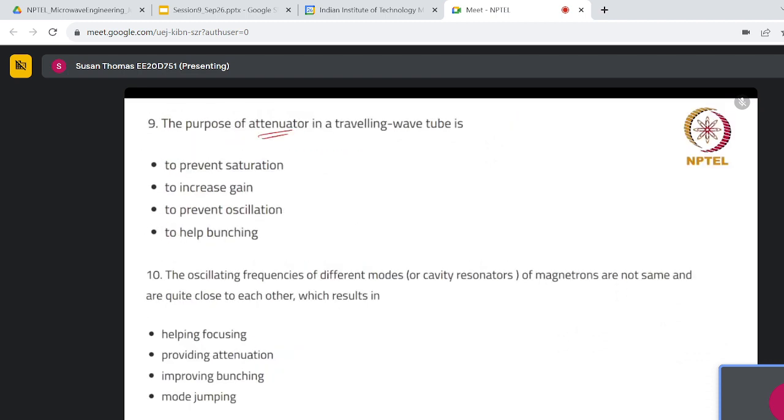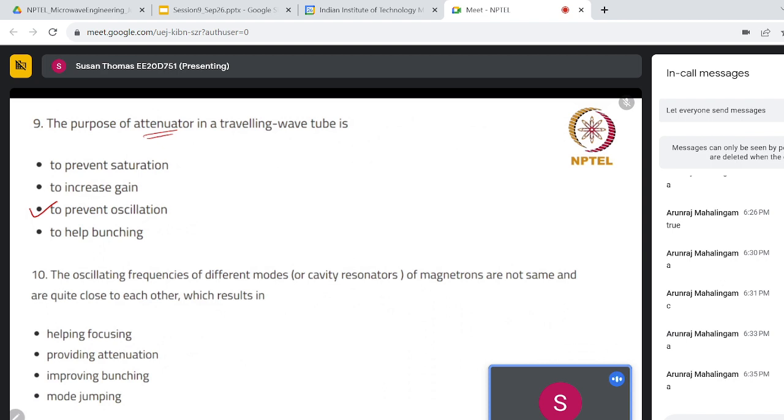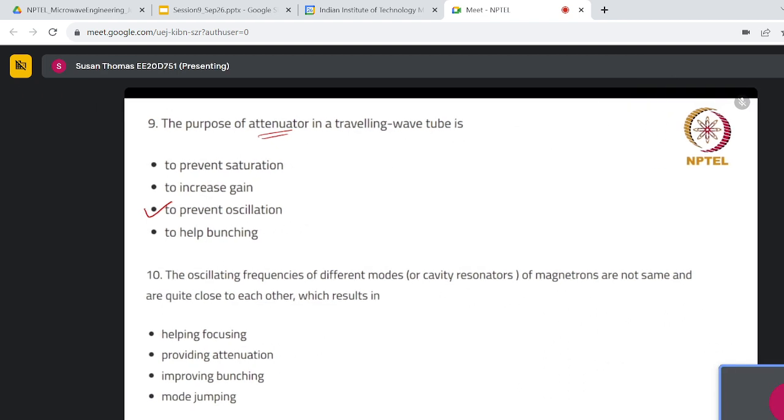Any guesses why that? So it is to prevent the oscillation. So the purpose of attenuator is to prevent the oscillation. Basically the purpose of TWT, as you know, is the amplification. So we need to have an amplified signal at the output side of the helix structure. So the attenuator will ensure that it will prevent the oscillations.